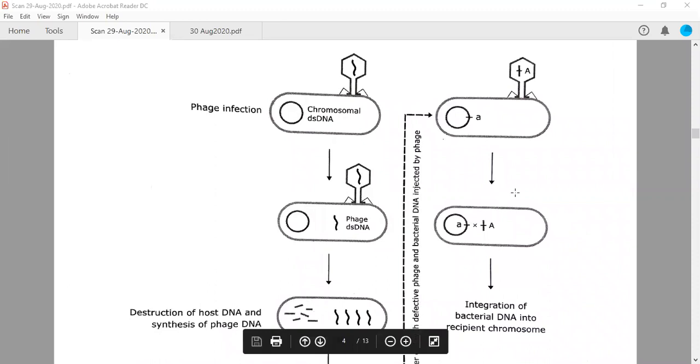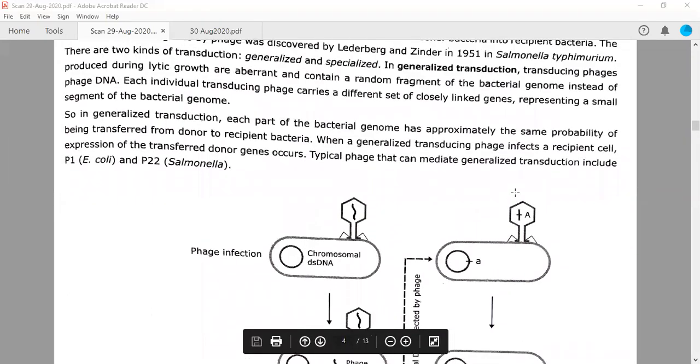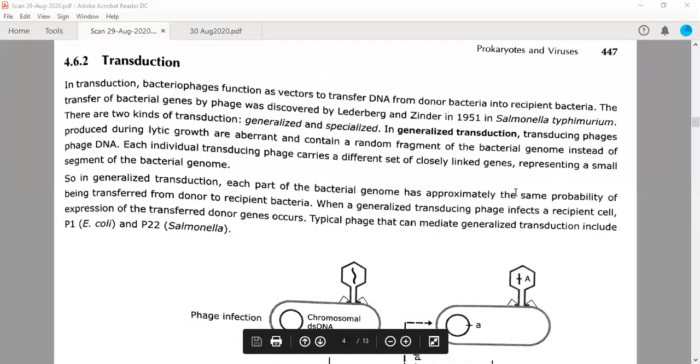So this is called random or generalized transduction. Whereas if it is a very special set of genes that it is able to carry from one bacterial cell into another bacterial cell, then this type is called specialized.